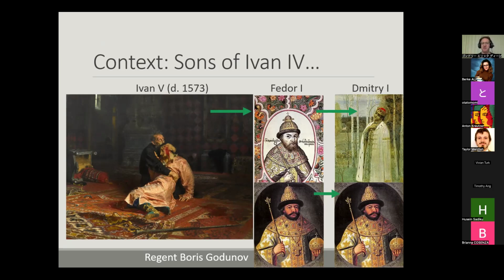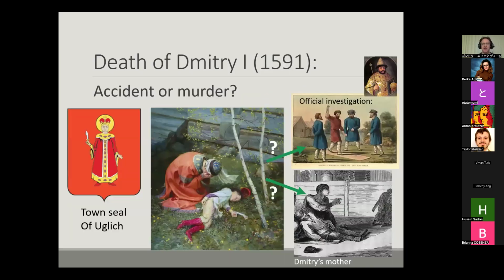This created a succession dispute because the next son in line, Fyodor, was considered unfit for the throne. He was described as having the mind of a child, right? Couldn't take it. And the son after that was too young. Actual power was in the hands of the regent, Boris Godunov.